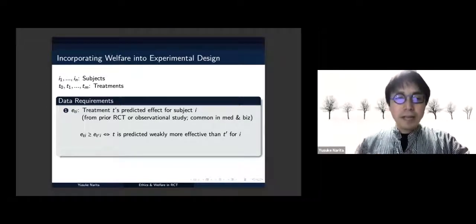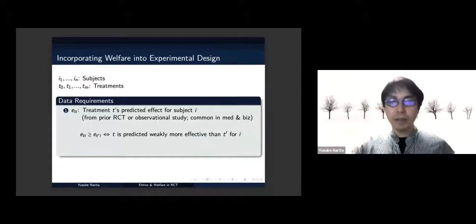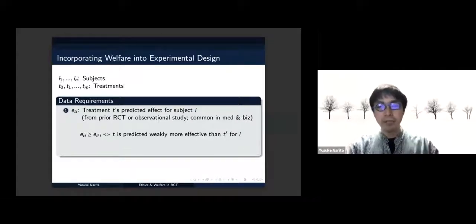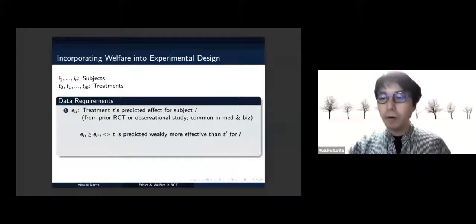And I'm going to use this E_IT symbol to denote this predicted effect of each treatment T on each subject I. And these predicted effects are supposed to be coming from prior experiments or observational studies, as is always done in medical and business domains.